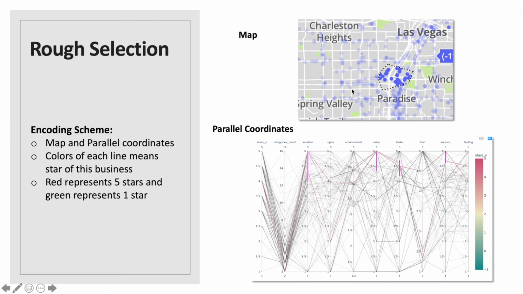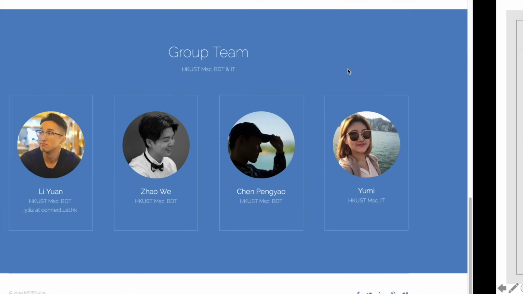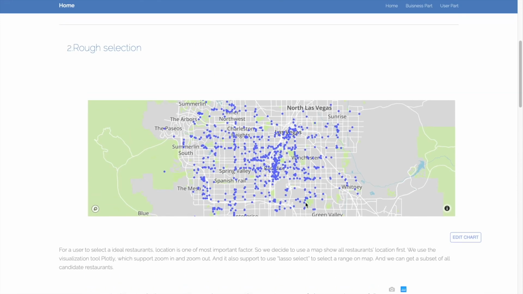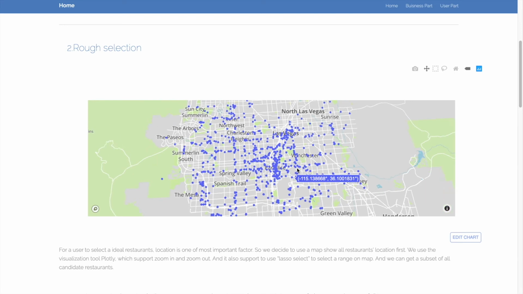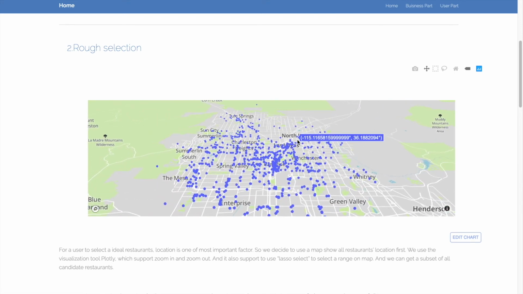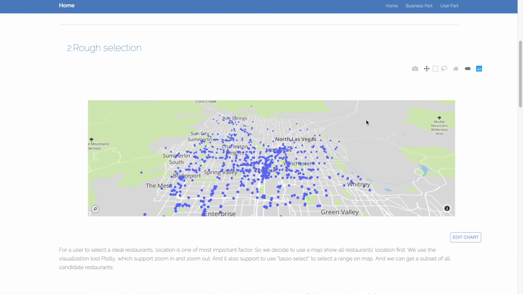And then, after we collect the data, I will take the city Las Vegas as the example. And our project is on this web. Firstly, we use a map. As you know, the map is the best format to show the location.